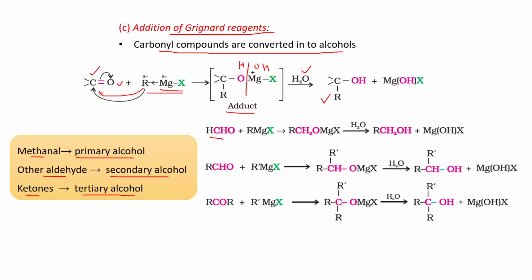Like this is HCHO. When it reacts with RMgX, an addition compound is formed, and on hydrolysis this will give primary alcohol. This is an aldehyde other than methanal, and this will result in a secondary alcohol. And this is a ketone, which results in the formation of tertiary alcohol.